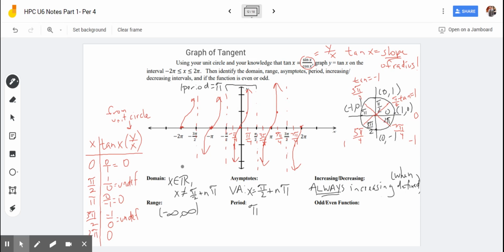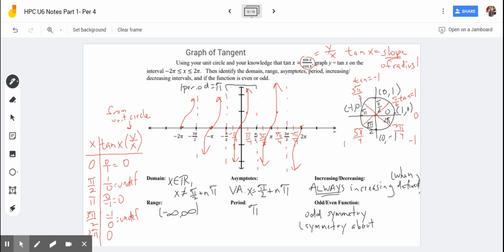And then is it an odd or even function? You should be able to tell pretty clearly that it's going to be an odd function because there's symmetry about the origin there, right? So there's odd symmetry. And remember, it's symmetry about the origin in terms of the description.